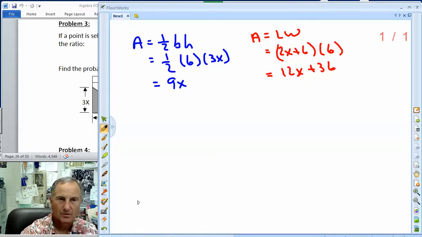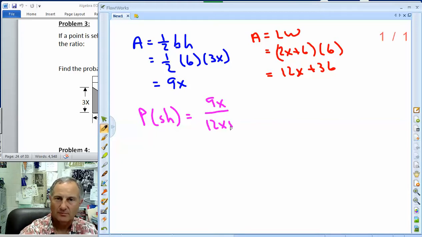So let's take a look at the probability. The probability that we end up in the shaded area is the area of the shaded area over the entire area of the rectangle, which is 12x plus 36. Okay, I'm going to take the greatest common factor out of the bottom, which is a 12. I get x plus 3. 3 goes into both of these. 3 goes into 9 3 times. 3 goes into 12 4 times.